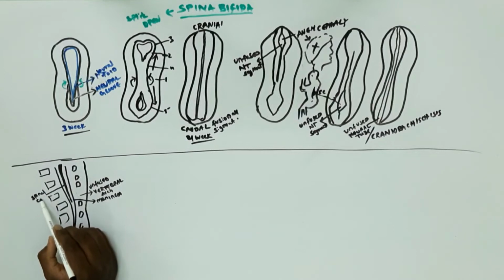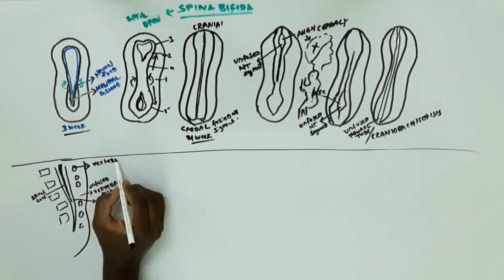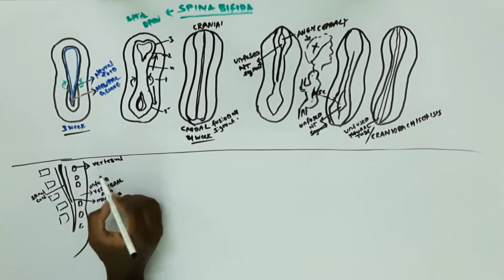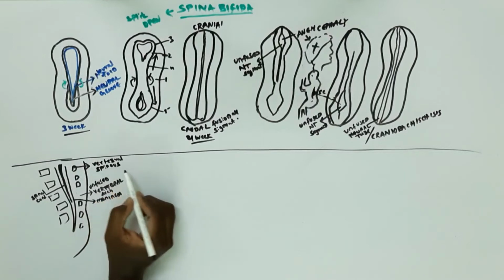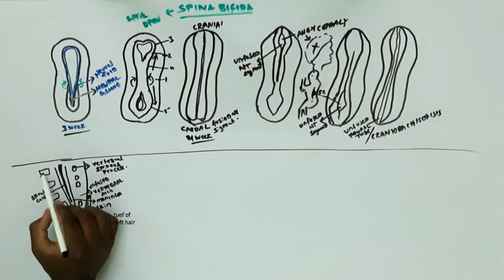Next we see the vertebral spinous processes. After that we see the skin, which covers the outside, and on the skin a tuft of shiny hair.